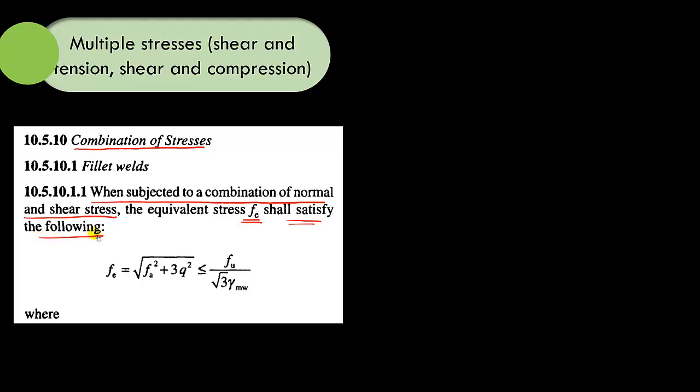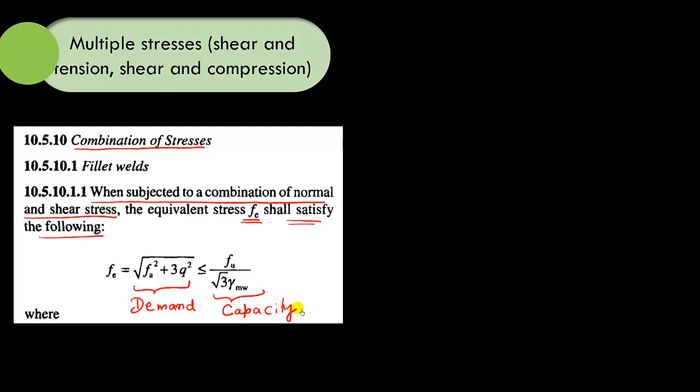This equation says the total equivalent stress coming due to the forces should be less than the stress capacity of the weld. In other words, this part is the demand coming from the load, and this part is the capacity of the weld, related to the material. So we have to satisfy this inequality for a safe weld.